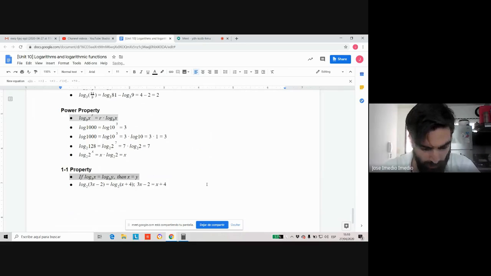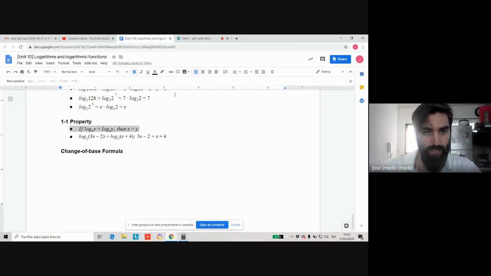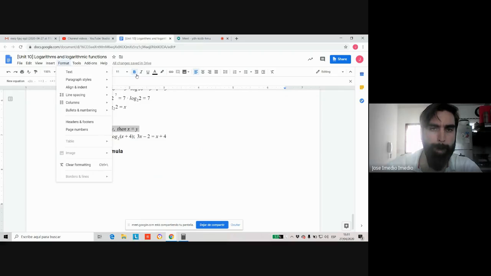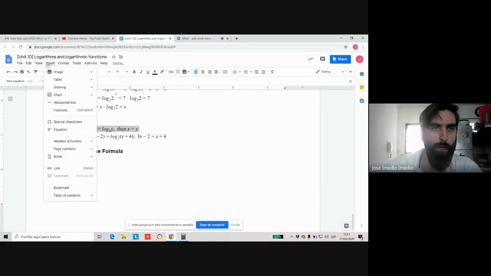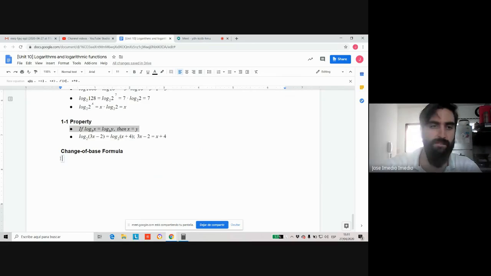Let's continue with the change of base formula. Okay, this one can be helpful. For example, let me do things without using the calculator.